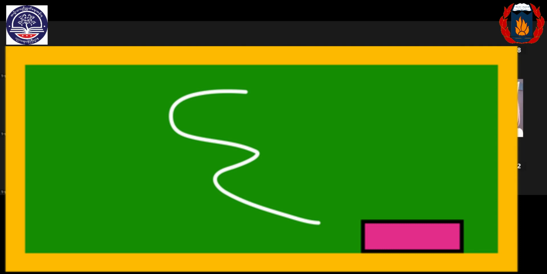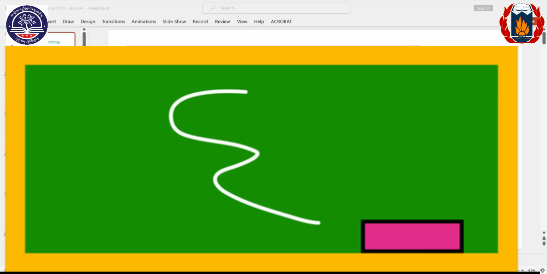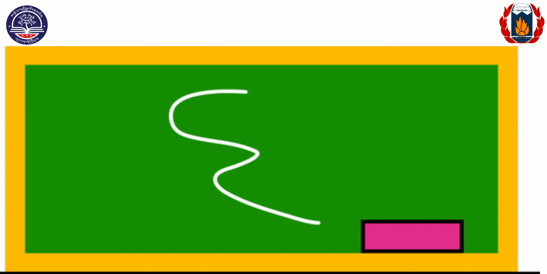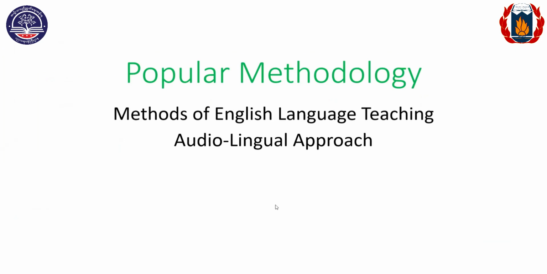Next one is also additional information related to the audio-lingual approach. Yeah, because for example, the second language or the foreign language that we are learning is alien to us, right?